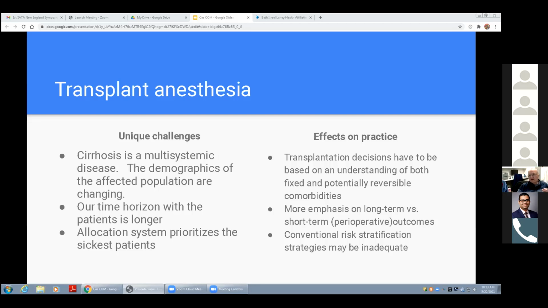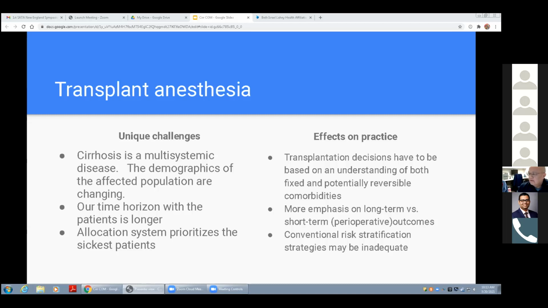Another recurrent theme is that our time horizon with these patients is longer. We see them before they're transplanted. We take care of them for procedures while they're on the transplant list, for example, TIPS. We take care of them for their transplants, and then we follow them up long after they're transplanted.